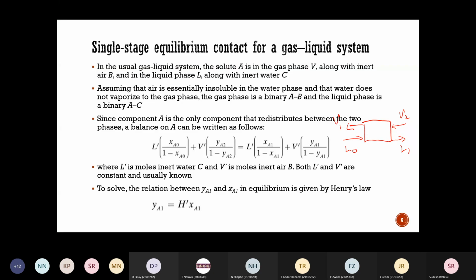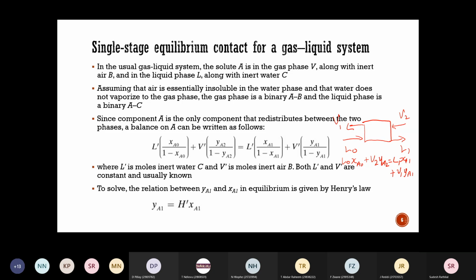So our original balance said L0 XA0, or you can just have it as X0, it doesn't matter, plus V2 YA2 equal to L1 XA1 plus V1 YA1. That was the original balance that we had.